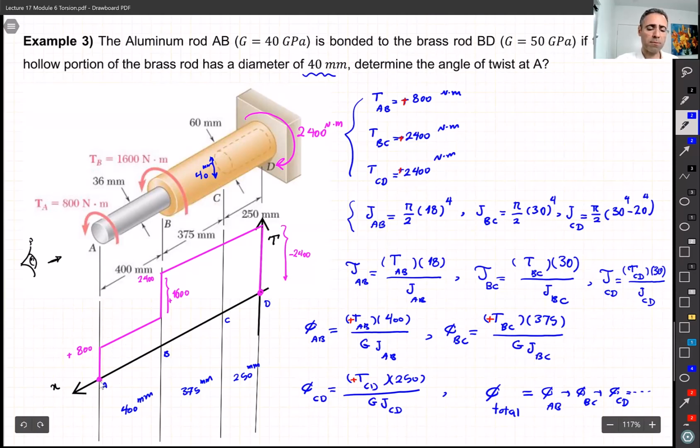Simply start from the beginning, and whatever you see, if there is a load, then there is a jump, 800 and so on. And then the rest, you have two simple formula, tau, TR divided by J, and phi, TL, G, J, all right?